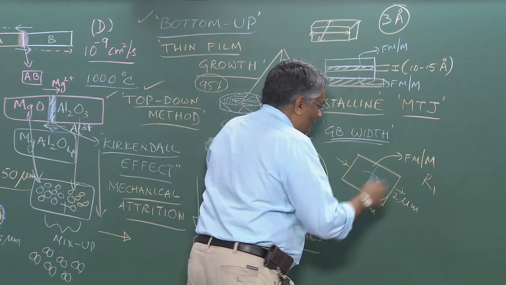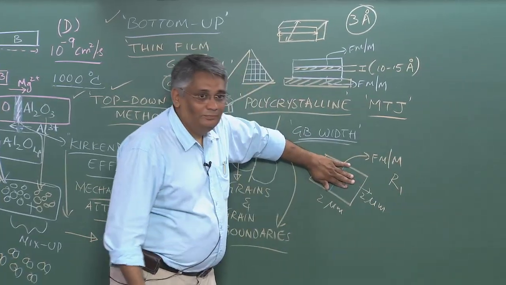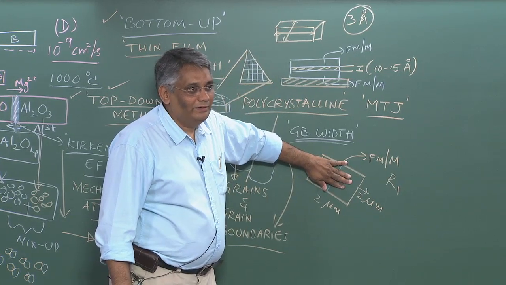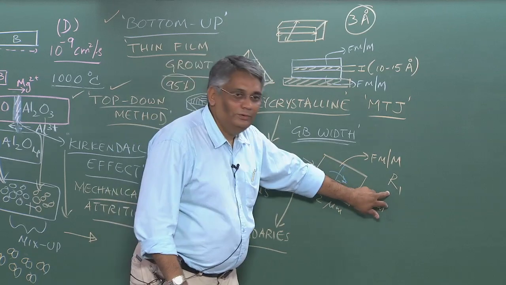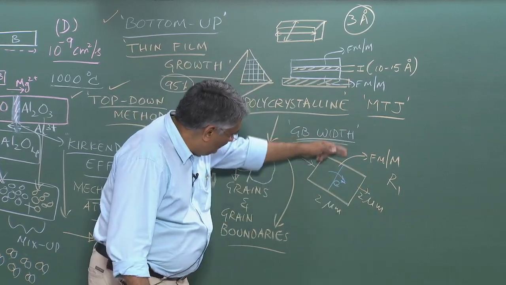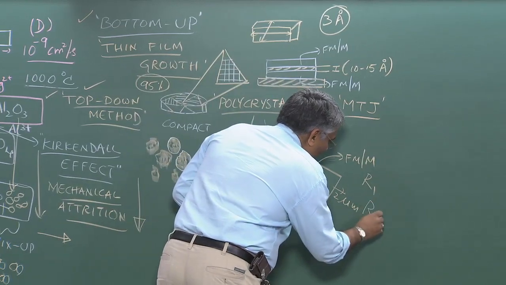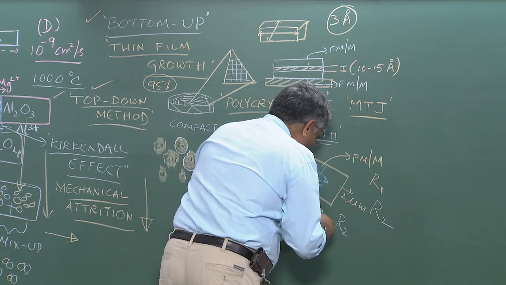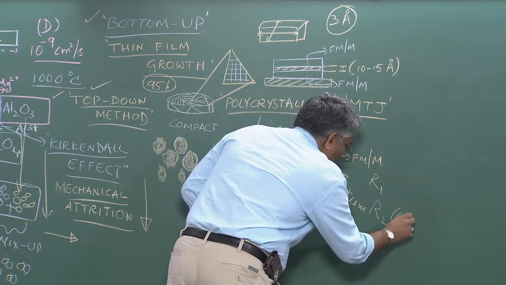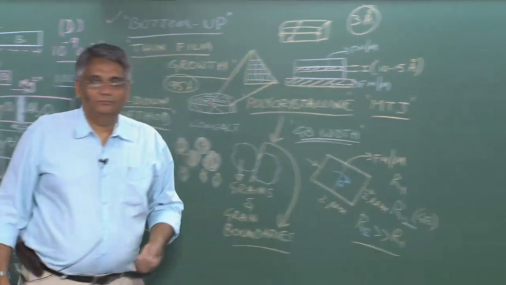So, case 1, I measure the resistance of a thin film layer of a ferromagnetic metal without the presence of a grain boundary, I get R1, and then I create an artificial grain boundary and get a value R2. The value of R2 with the presence of grain boundary is always greater than that of R1. You know why?